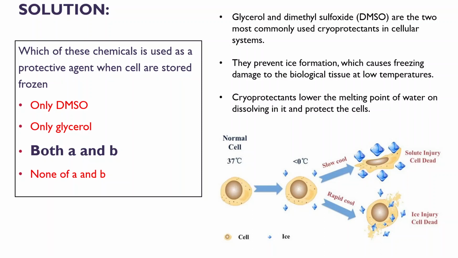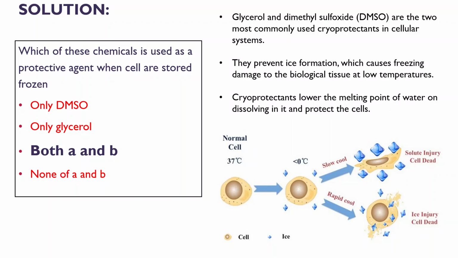First and foremost, we need to discuss what is the point of preserving cells. As we already know, cells cannot be kept in culture continuously. Therefore cryopreservation is the method that comes into play here. It is the technique by which cells can be preserved for long-term storage at sub-zero temperature, usually at minus 196 degrees centigrade.